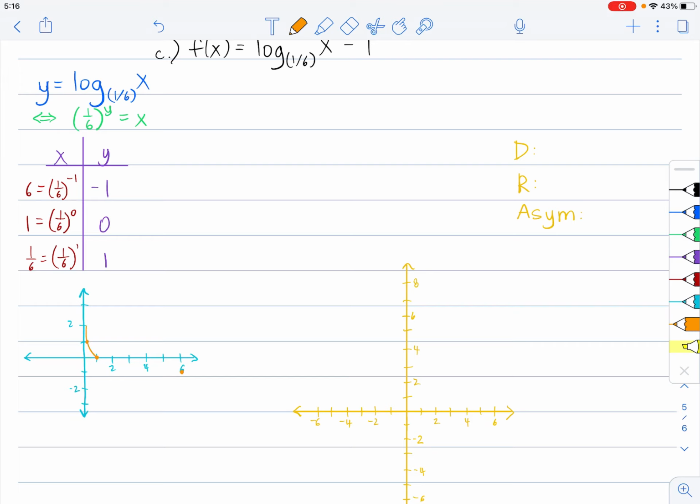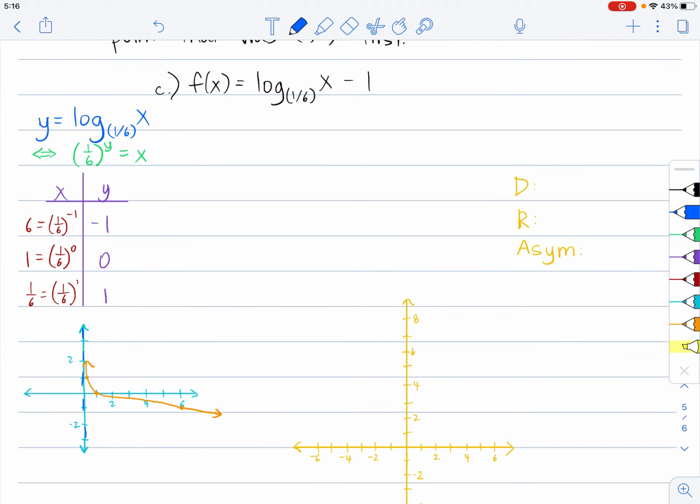And we get this picture this time. Our vertical asymptote is still at x equals 0 for now on our mini graph.